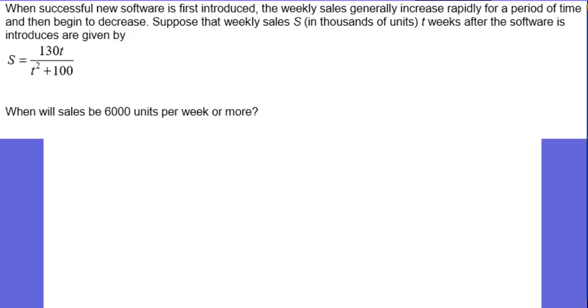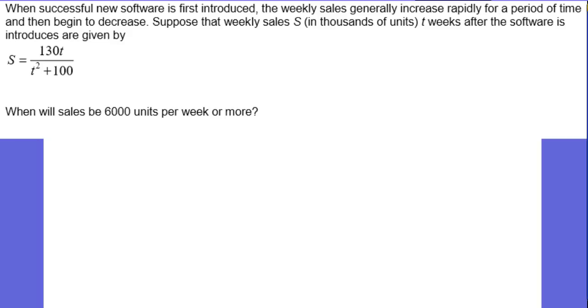Suppose that weekly sales, S, in thousands of units, important details, T weeks after the software is introduced with a T, not an S, are given by the equation sales equals 130 times weeks, however many weeks, divided by however many weeks squared plus 100.